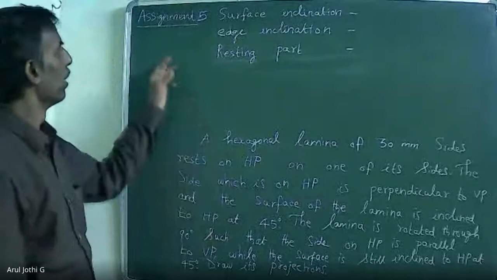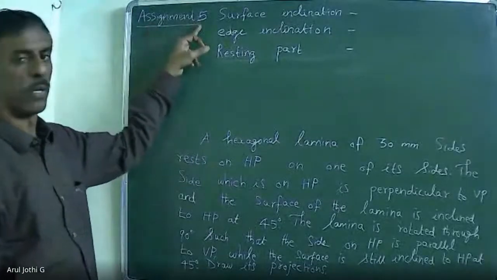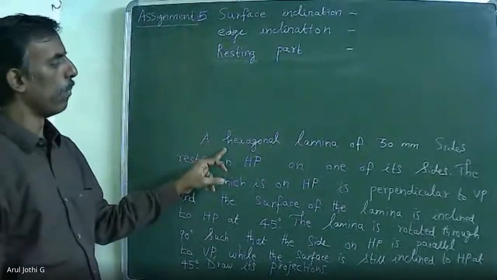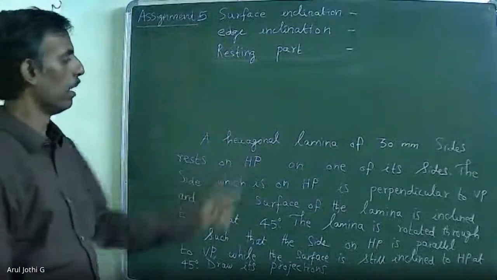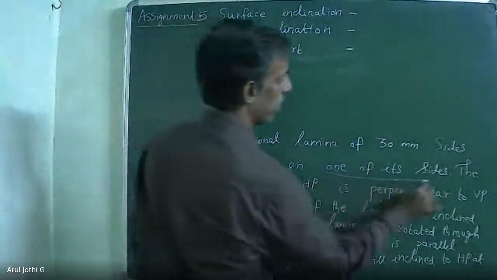In this video lecture, we are going to see assignment problem number 5. An external plane or lamina is given, side is 30 mm, resting on HP on one of its sides.